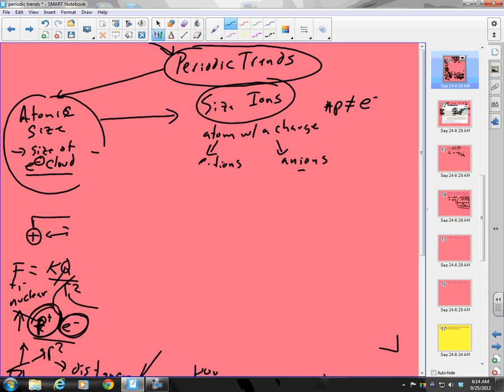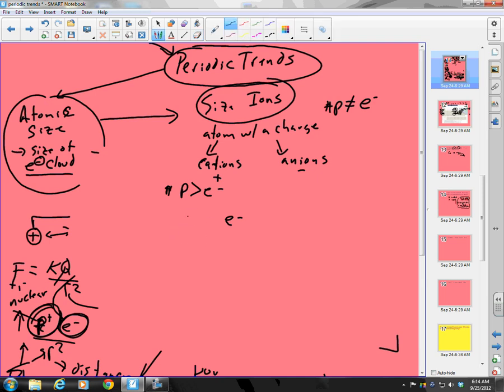What causes something to have a positive charge? That means there are more protons than electrons. So I have more protons in my nucleus than when I have a neutral. Let's just make it two, to make it easy.